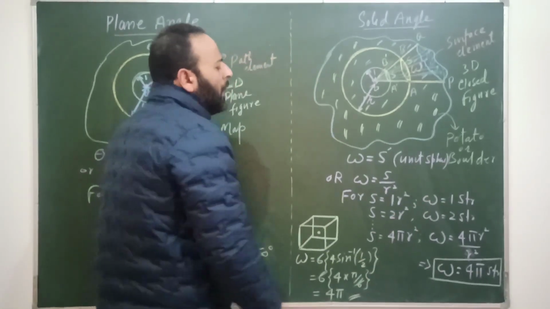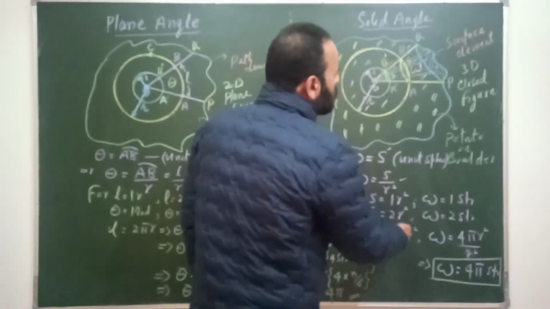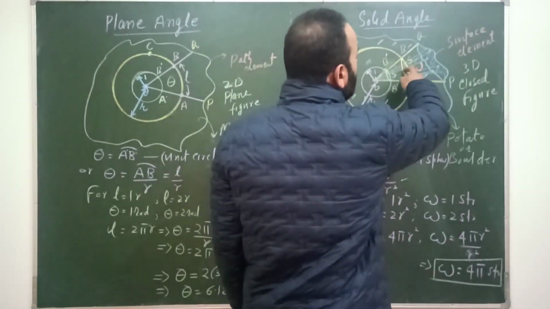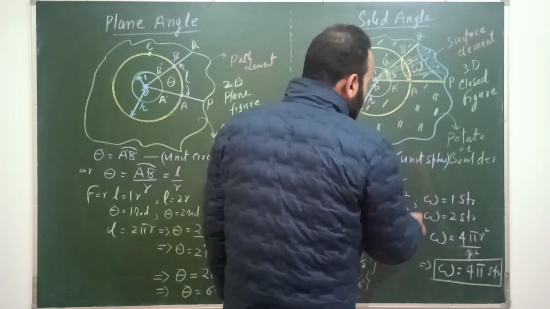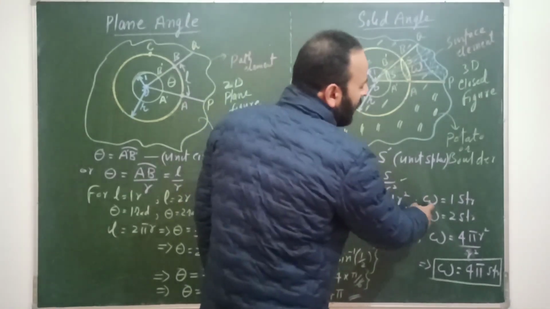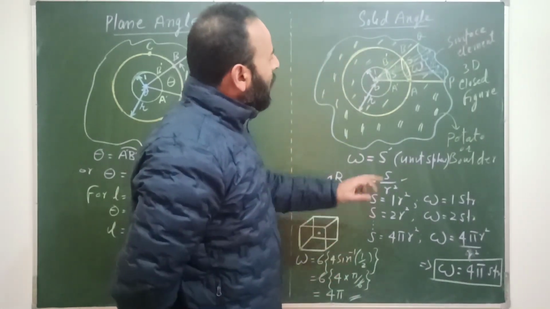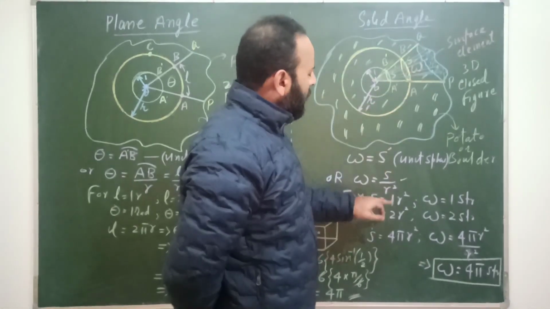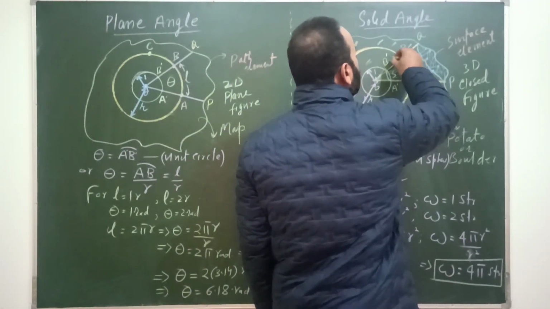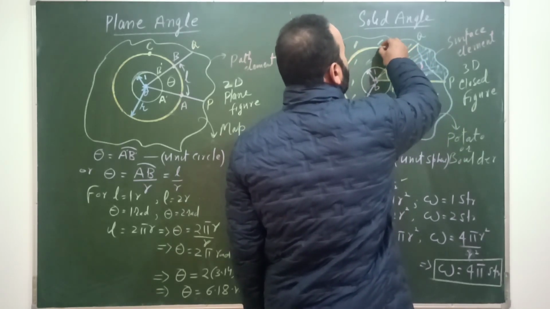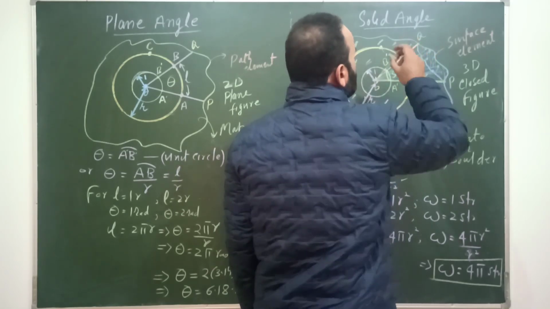Now, using this relation, if this area S is equal to r square, then omega is equal to 1 steradian. Similarly, suppose I go from this point to this point, or say up to this point, so the area intercepted is 2S.